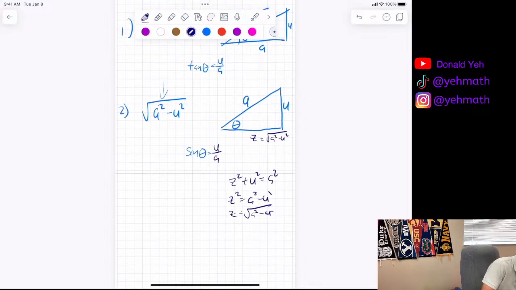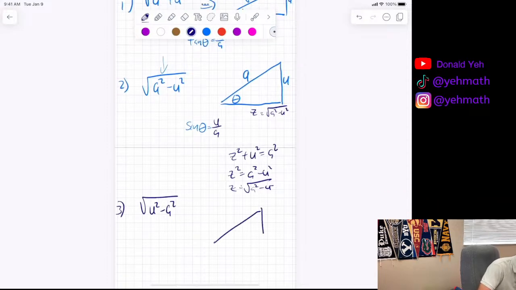And of course, the last one is going to be the integration of u squared minus a squared. This one is going to give you a triangle, and we know the square root is going to be on this leg, because of u squared minus a squared. This is secant theta, right?